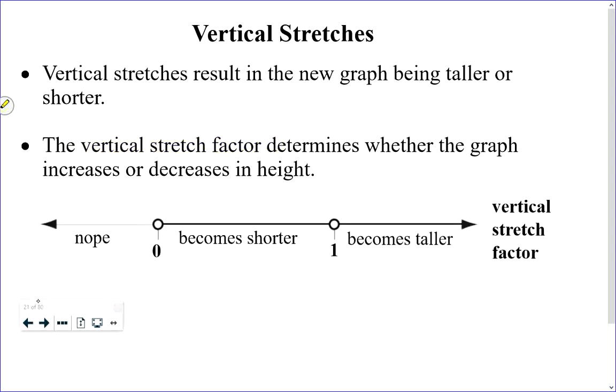And that's why I have this. I like number lines to explain things. It makes sense to me, and I think it makes sense to most students, that if this is a number line that represents different numbers that could be vertical stretch factors, a vertical stretch factor that's bigger than 1, like 1.5 or 2 or 100, is going to result in the graph getting taller.